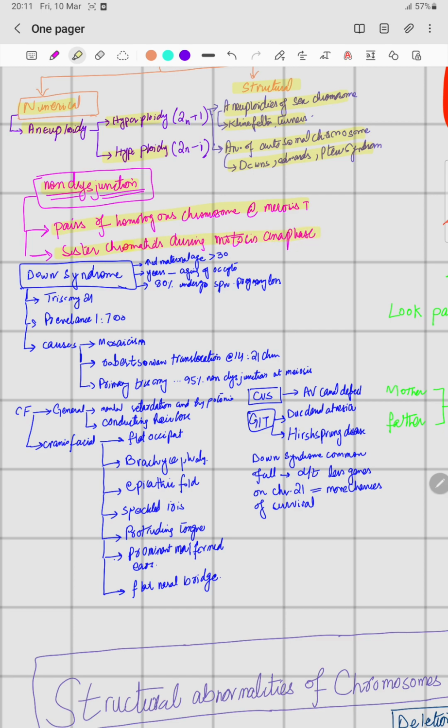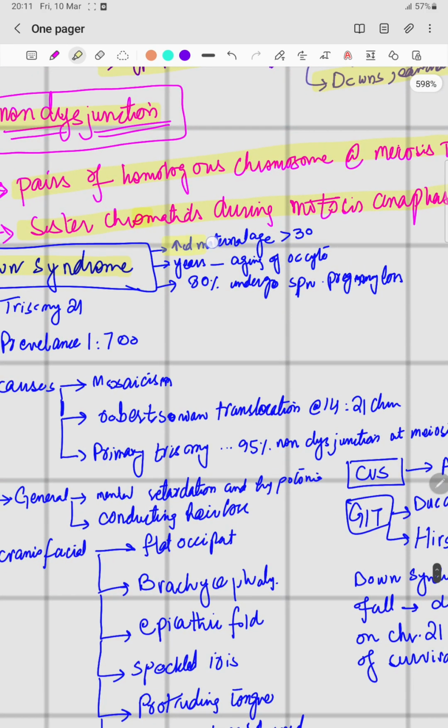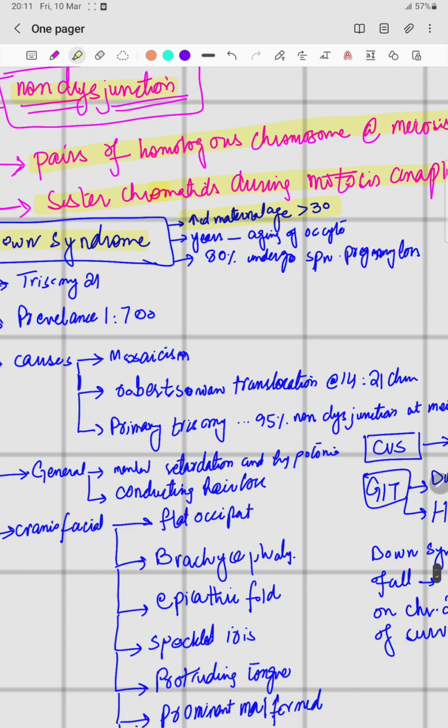The most common aneuploidy is Down syndrome, and it increases with maternal age when the mother's age is more than 30 years, because aging leads to aging of the oocytes, and 80% of spontaneous pregnancies lead to miscarriage.